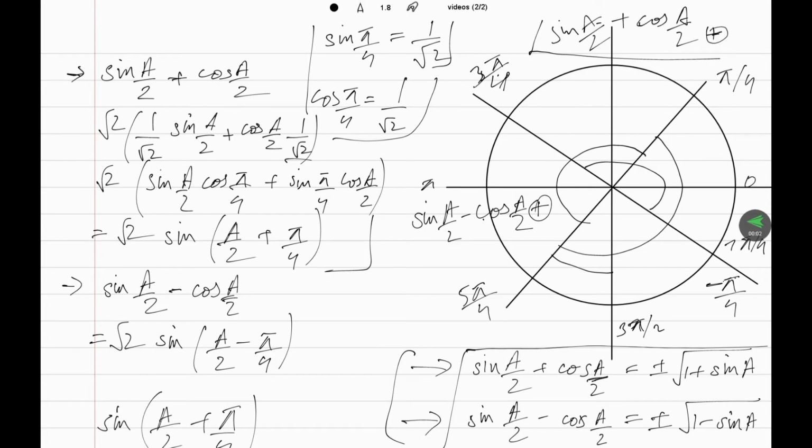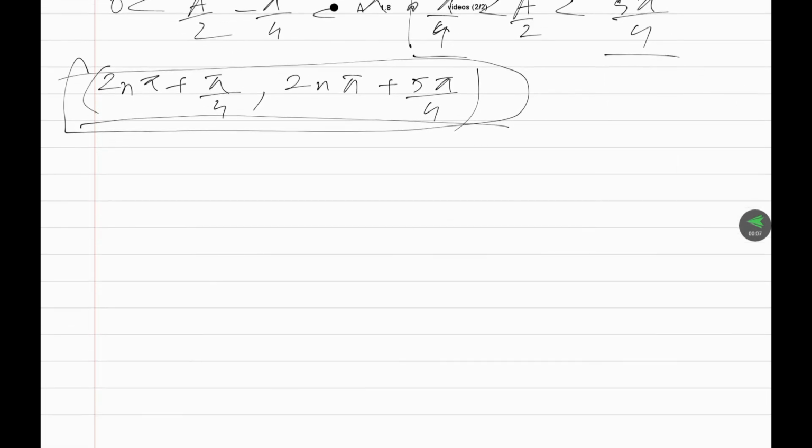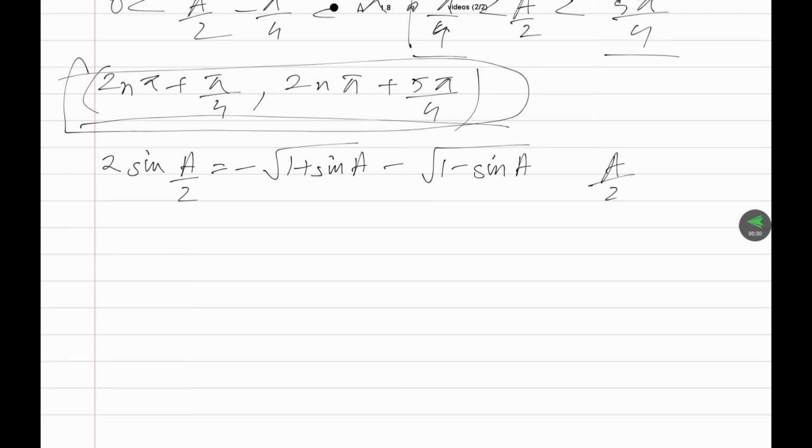Okay, now let's also do an example for this. We have a question: 2 times sine A/2 equals minus of square root of 1 plus sine A minus square root of 1 minus sine A. Now we have to find the range of A/2.